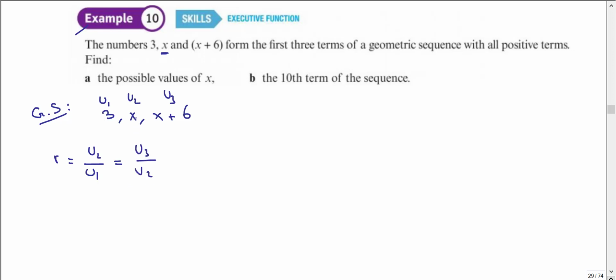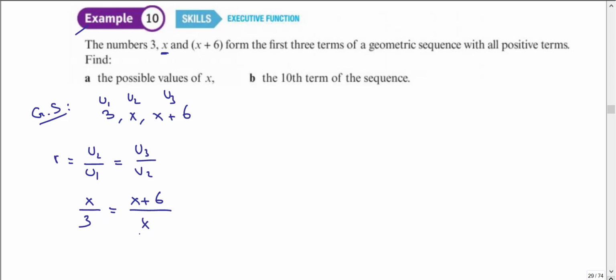So let's try this. U2 is x, so R is x divided by 3. And also it's U3 divided by U2, so it's x plus 6 divided by x. You see, this is an equation in only one unknown, x. So it is solvable. We can solve it.